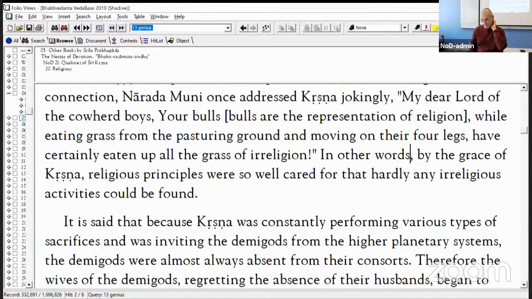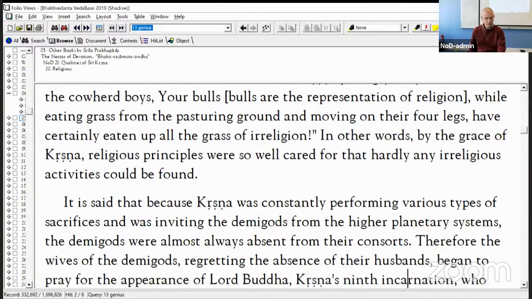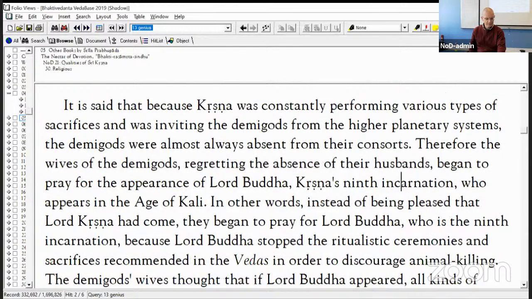And we have another joke that the demigods' wives were praying for Lord Buddha to appear so that he can stop all the sacrifices, because all the demigods were distracted. They had to go again and again to a sacrifice. So the wife says, come on, how many? So, Lord Buddha, please come and stop.